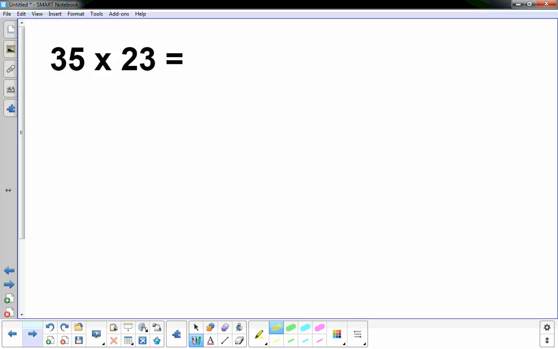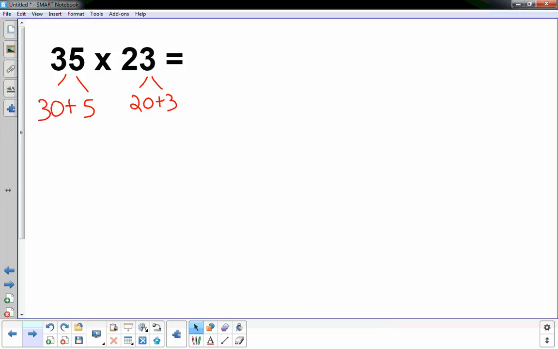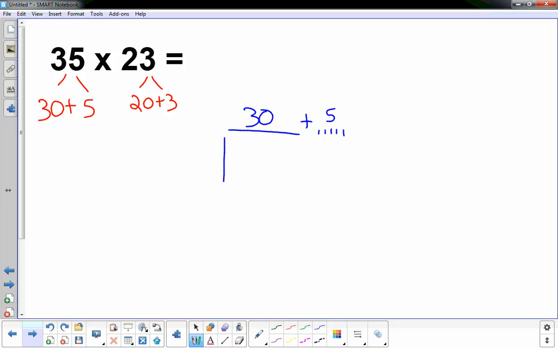Let's do a few more. 35 times 23. So 35 is 30 plus 5, and then the 23 is a 20 plus a 3. I'm going to go a little faster now. So if I do a quick sketch, 30 plus 5, 20 plus 3.